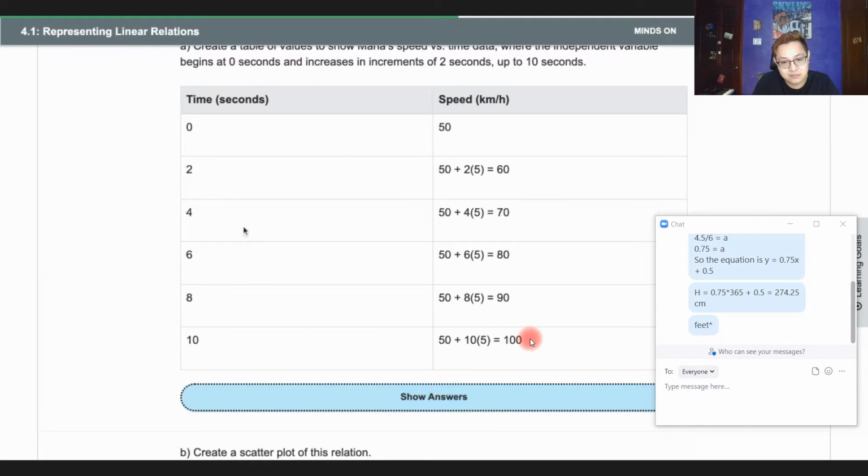So every 2 seconds is another 10 kilometers per hour. So it's 60, then 70, 80, 90, and 100.